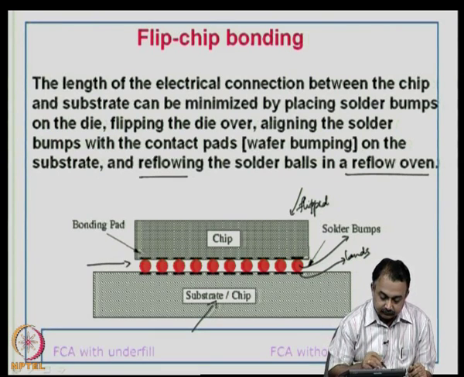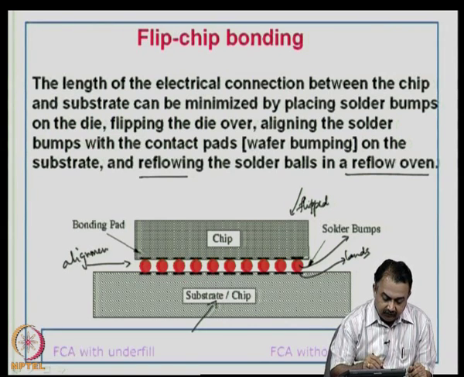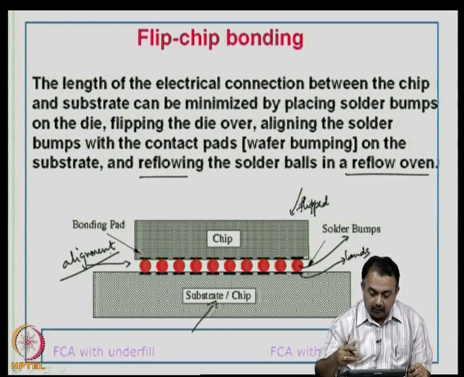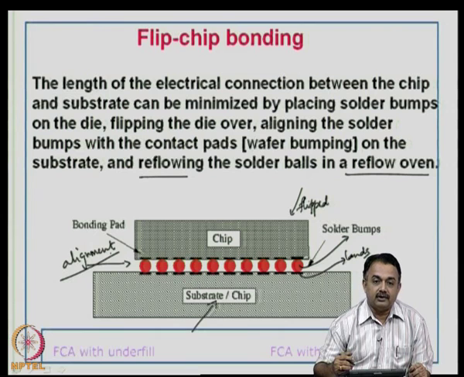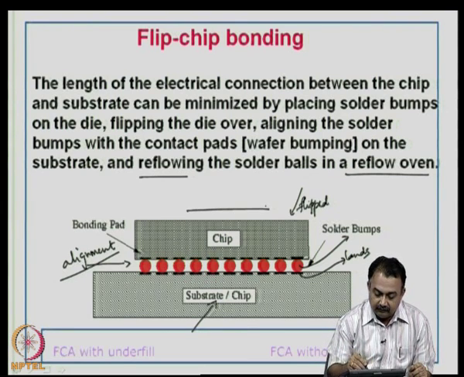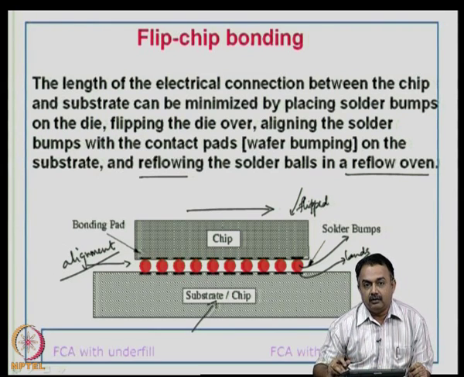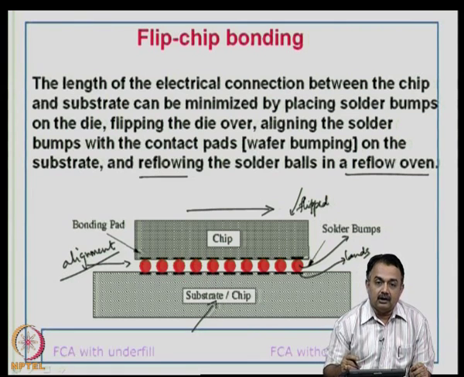The advantage is that because of surface tension, the alignment is going to be almost at every point of time very perfect, because the surface tension of solder will pull the die back into its original coordinates on the substrate. So, even if during reflow there is a slight movement of the die in the direction of the reflow, because of the surface tension from the solder, it pulls the chip back to its original position.